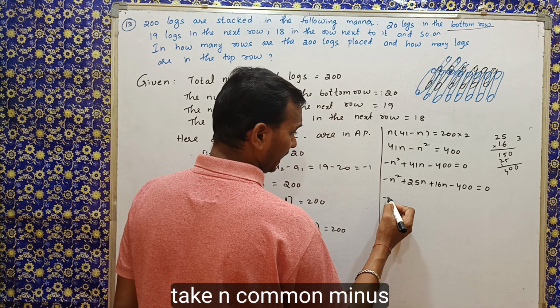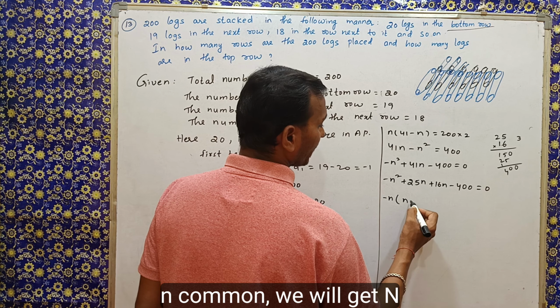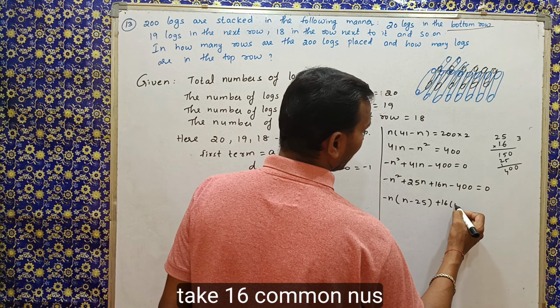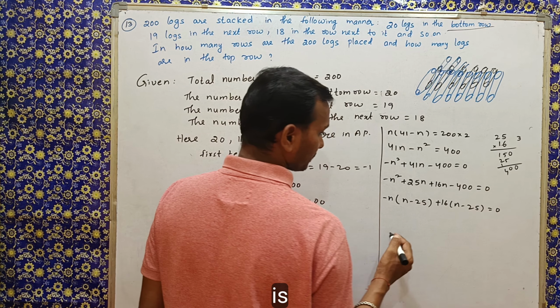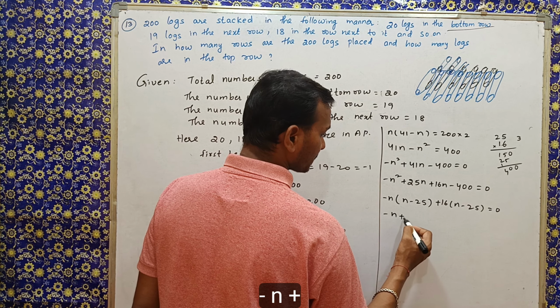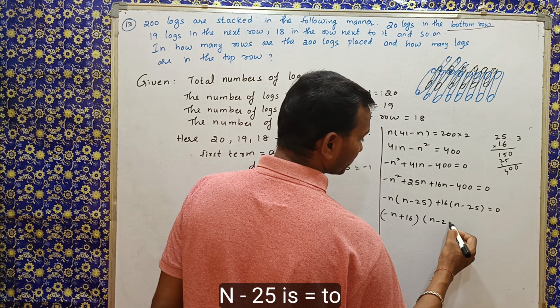If we take minus n common, we will get n minus 25. If we take 16 common, n minus 25. So that is minus n plus 16, n minus 25 is equal to 0.